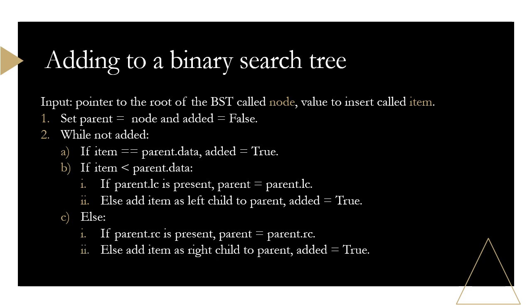If the right child is not present, we make a node, put item in it, and make this node the right child of the parent, and we set added to true because we have just added the item to the tree. Step 3 says return the root. This is how an item is added to a binary search tree.